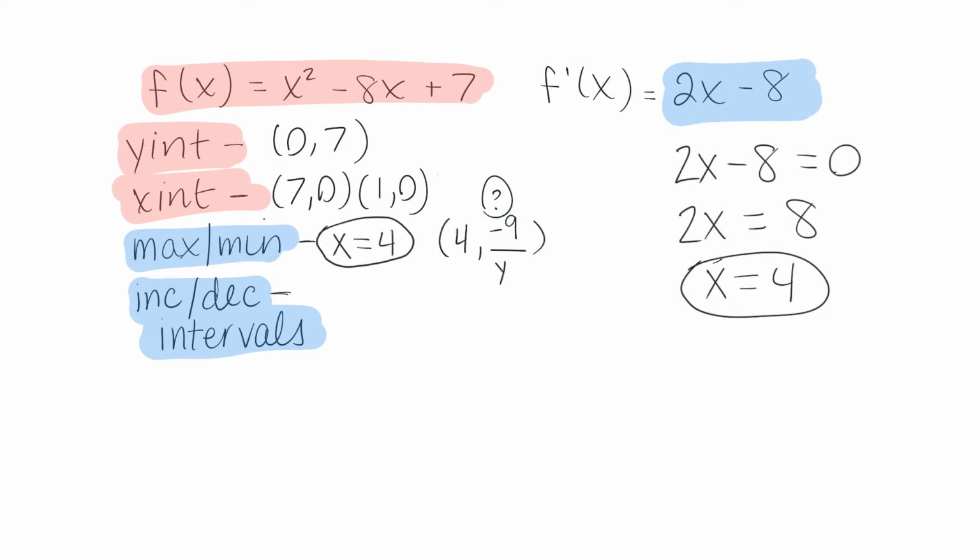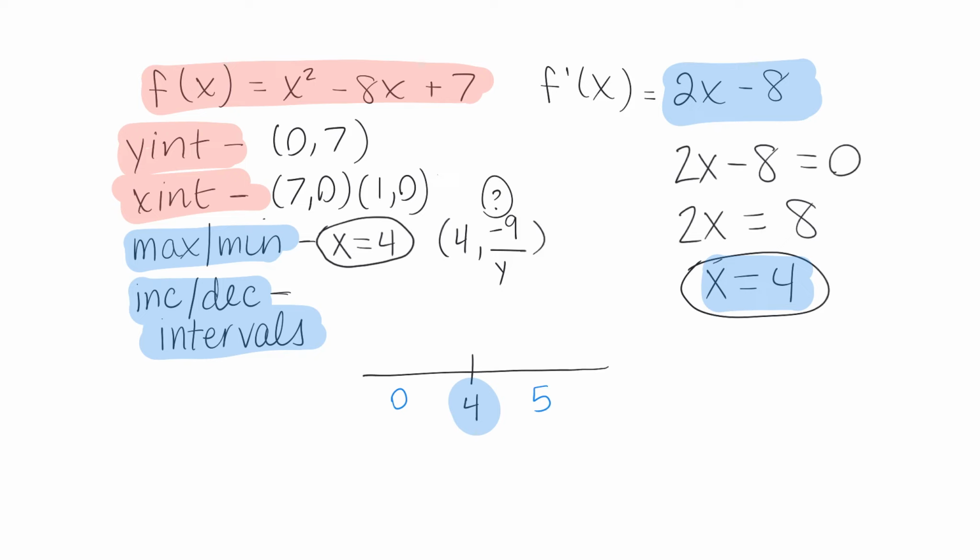Okay, increasing and decreasing intervals. We're going to draw our sign chart. And this time I'm going to put a 4 here because my critical point, my max or min, is 4. I'm going to pick 2 test points on either side. So let's pick 5 and let's pick 0 because that's easy.